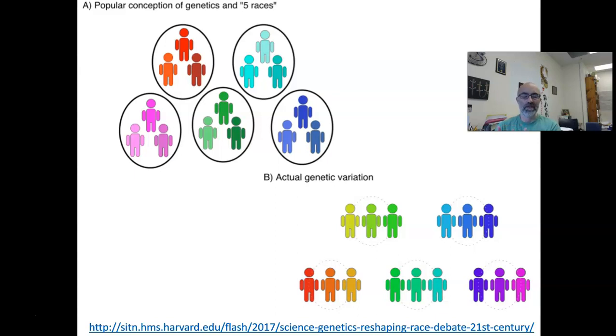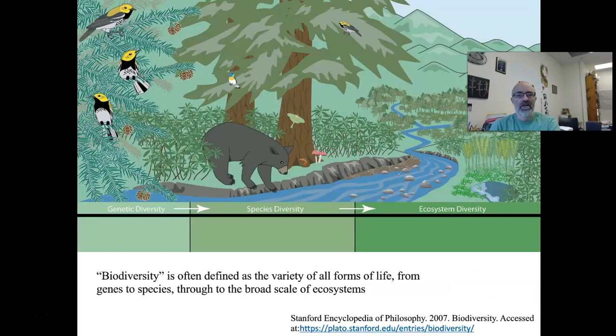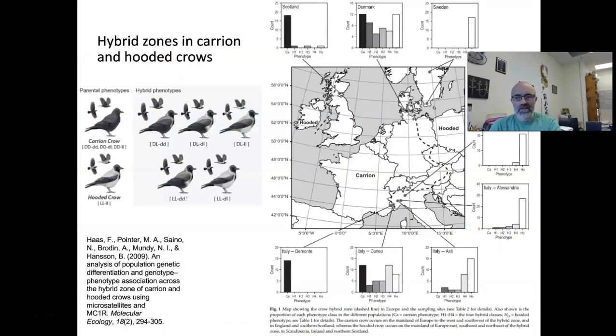Because we know race is really a social construct. It's really defined by one or two or three genes that determine skin color. But that has nothing to do with overall biological diversity of people.